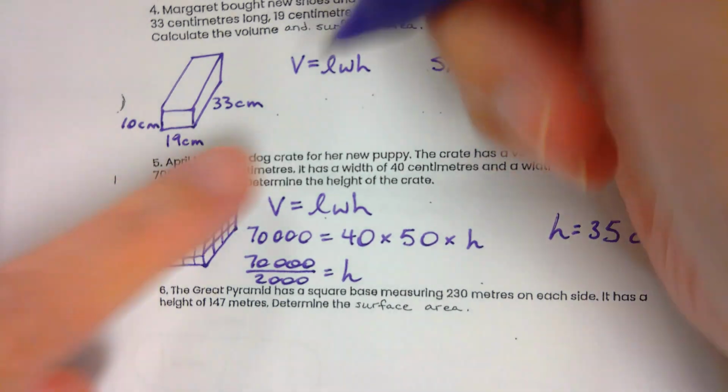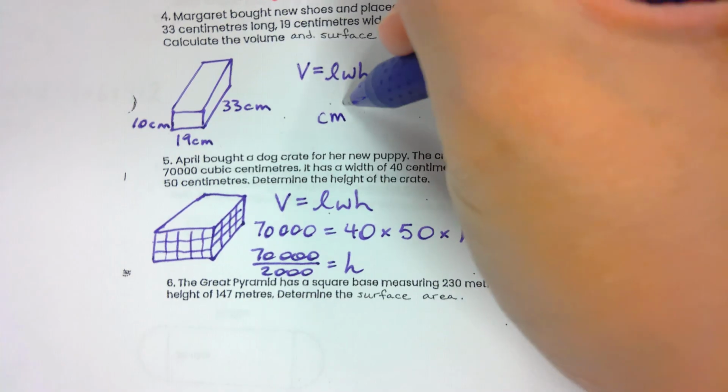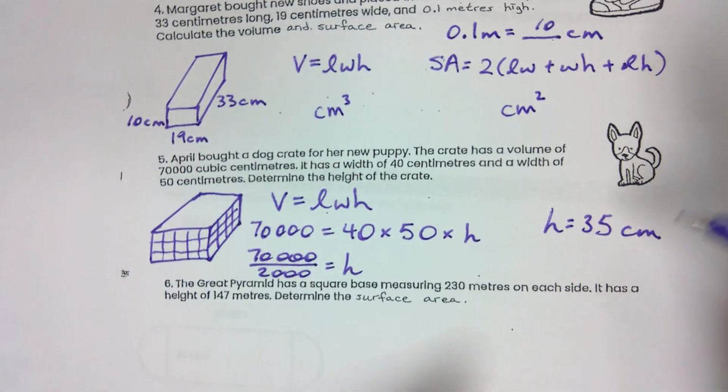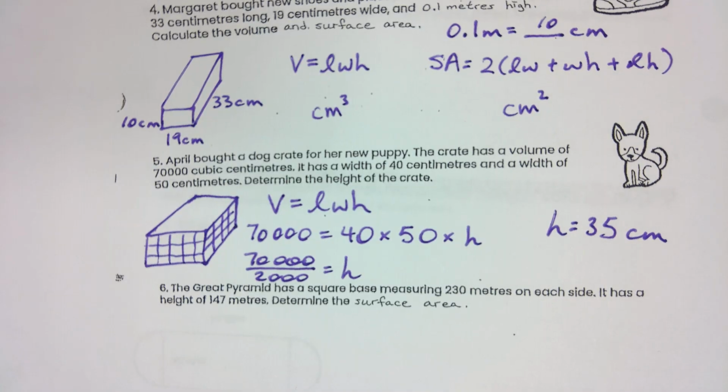Don't forget: volume, centimeter cube; surface area, centimeter square; just the height itself, centimeter.